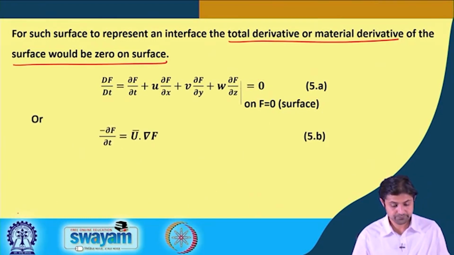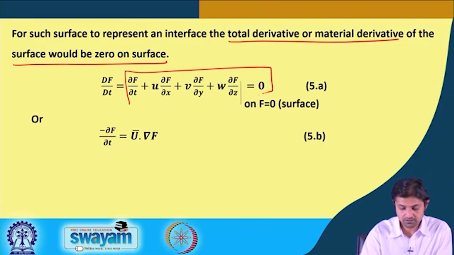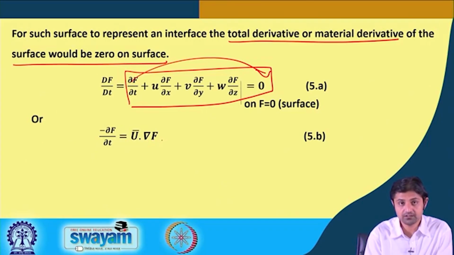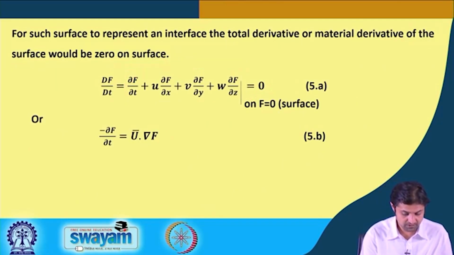Or in other words, because this is 0, if we bring it to this side, we can write minus del f del t is equal to u dot del f, a representation in vector form. So, this is an important equation.